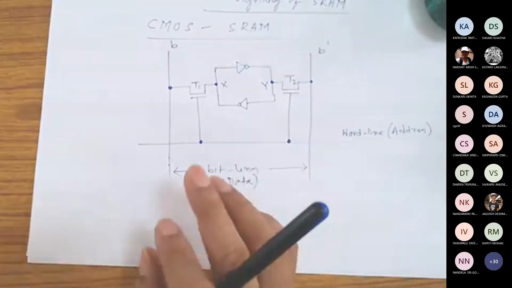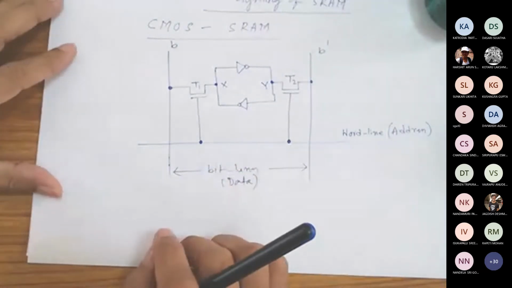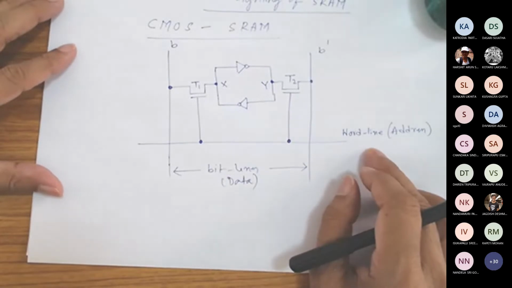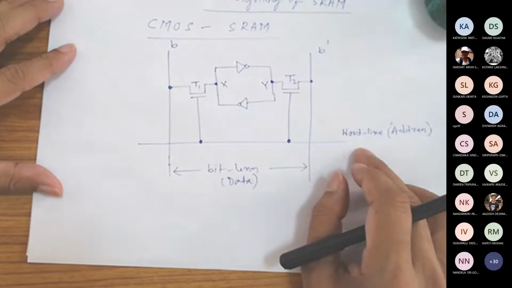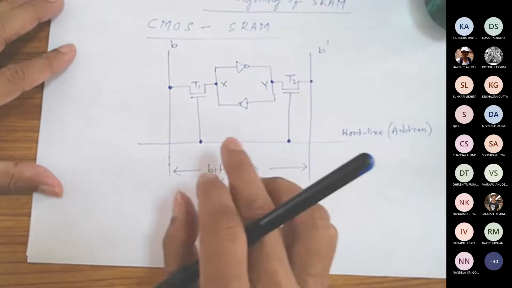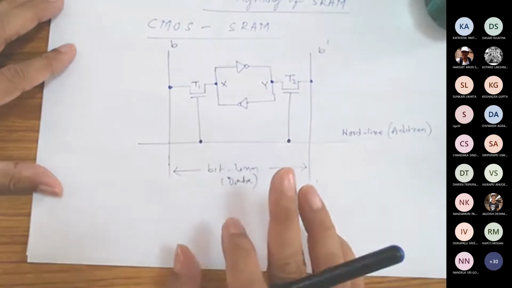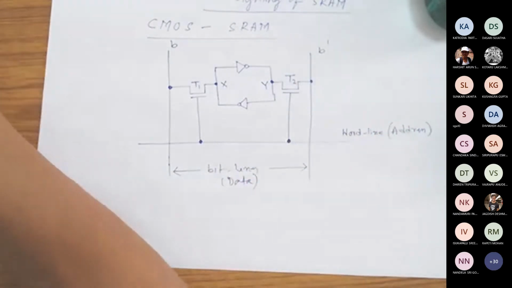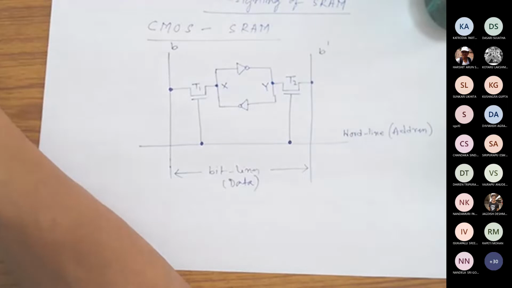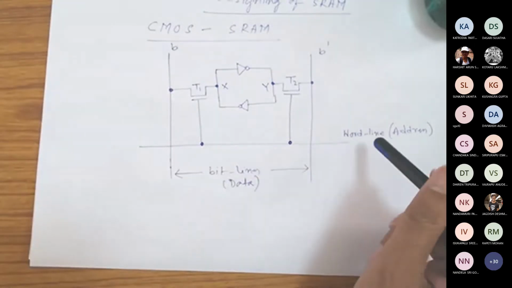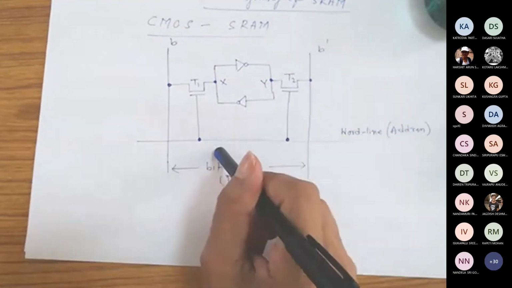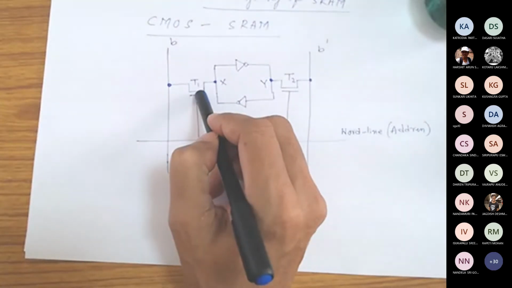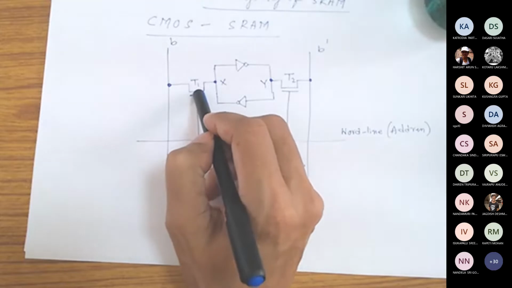Now how is this circuit activated? There are two lines. One is the word line. This word line is used to activate the circuit for reading or writing operation. When you make this word line high, both these transistors are on.